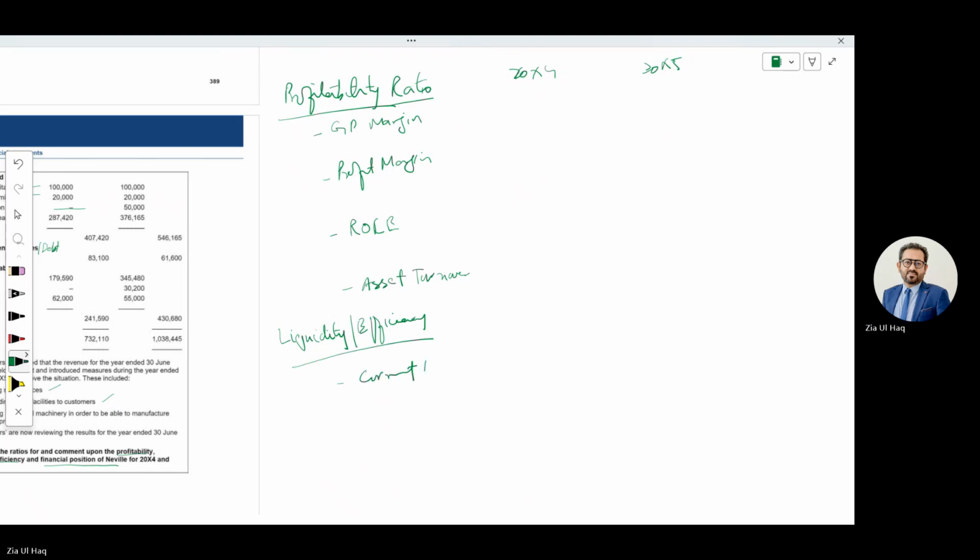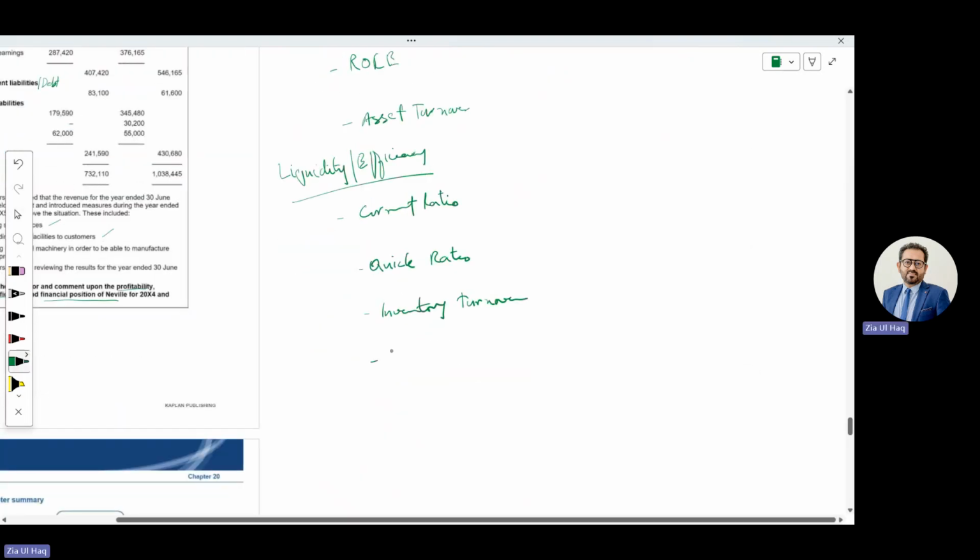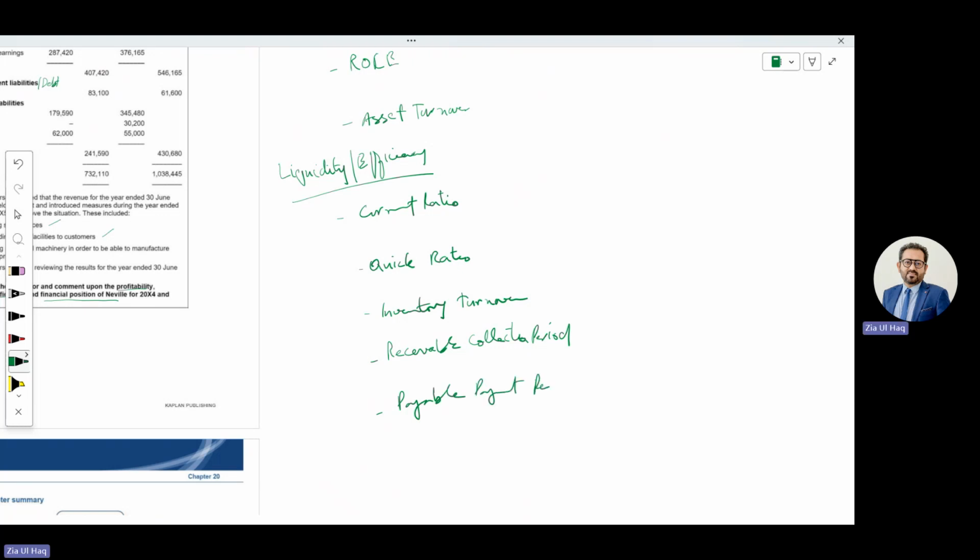Current ratio, quick ratio, inventory turnover ratio, receivable collection period, payable payment period, and cash operating cycle, also called trade cycle or cash cycle.